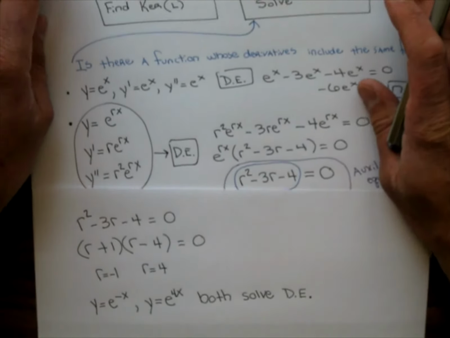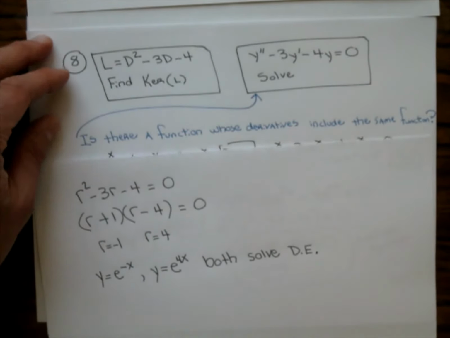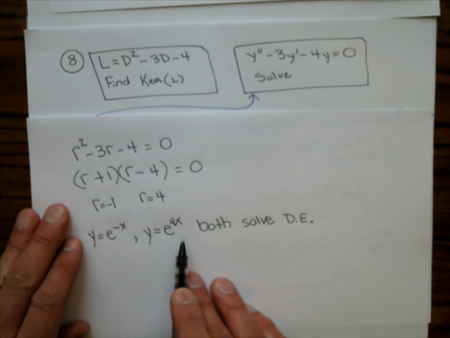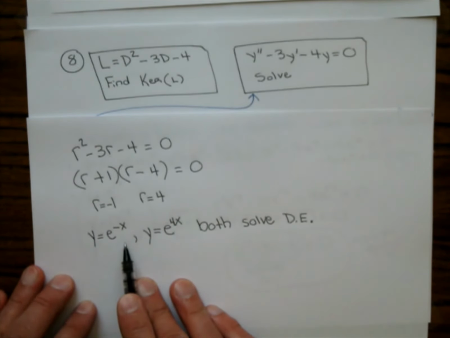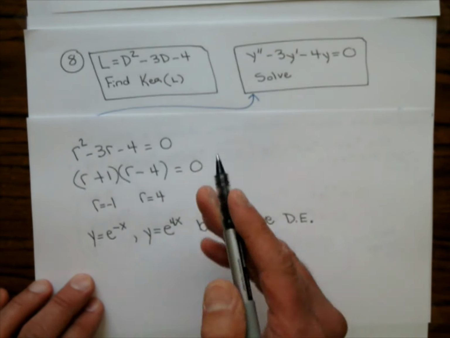Okay, so let's move this back over here. I know we're covering up some of the things, but this is the important part right here. These guys form a basis for what? The kernel of that linear transformation.